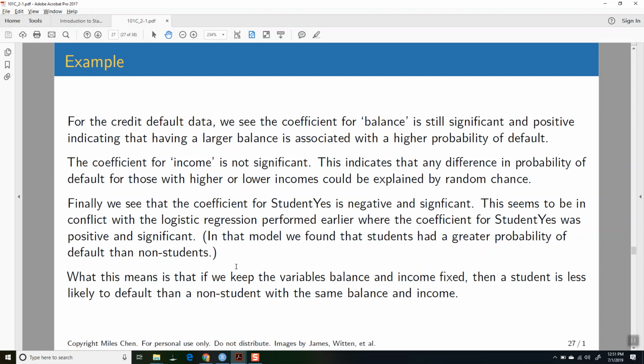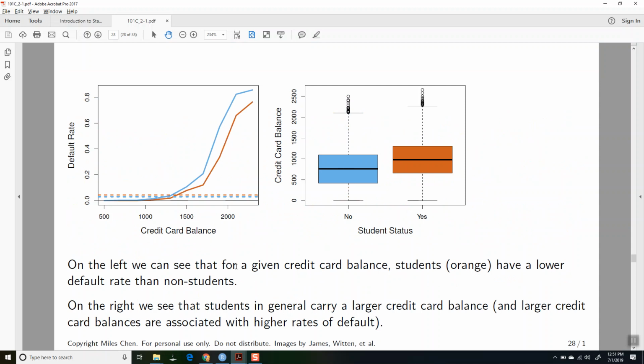If we take a closer look at the data, this is what we will see. Given a credit card balance, the student line is in orange, and the blue line is for non-students. The rate of default is higher for non-students.